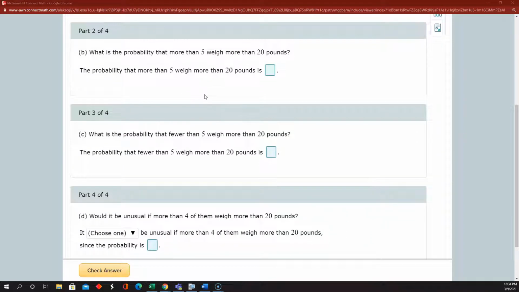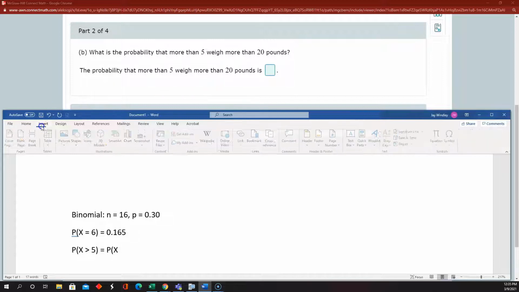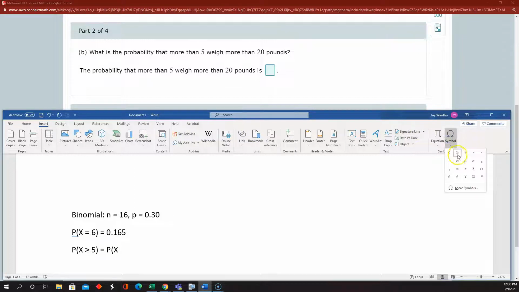Then part 2 says, what is the probability that more than 5 weigh more than 20 pounds? So what is the probability that you have more than 5 successes? Well, that could be rewritten several ways. That's also the probability that you have greater than or equal to 6 successes.